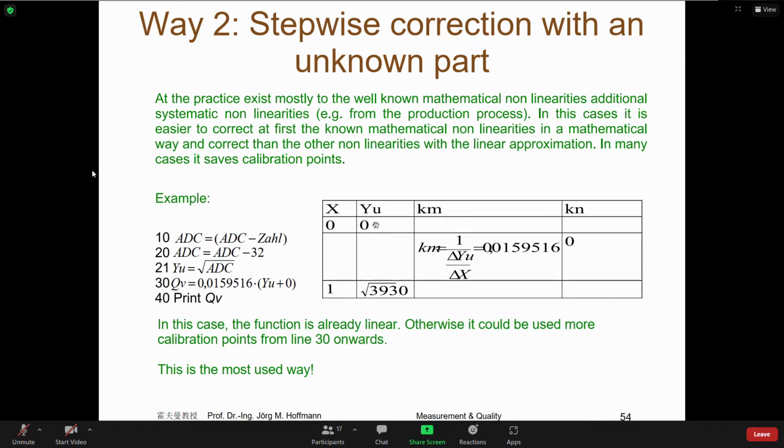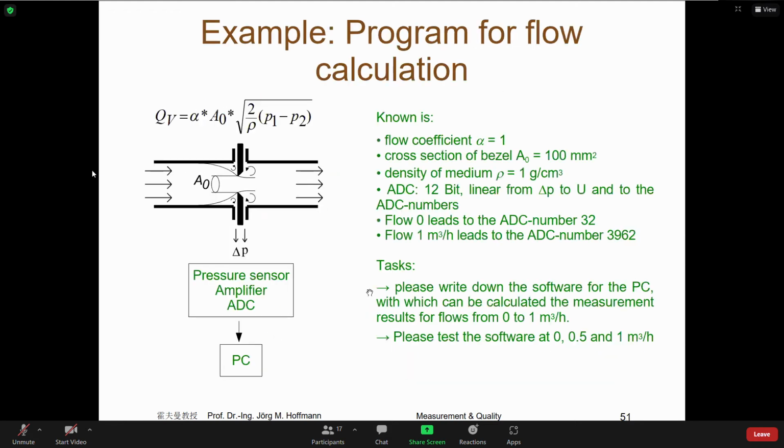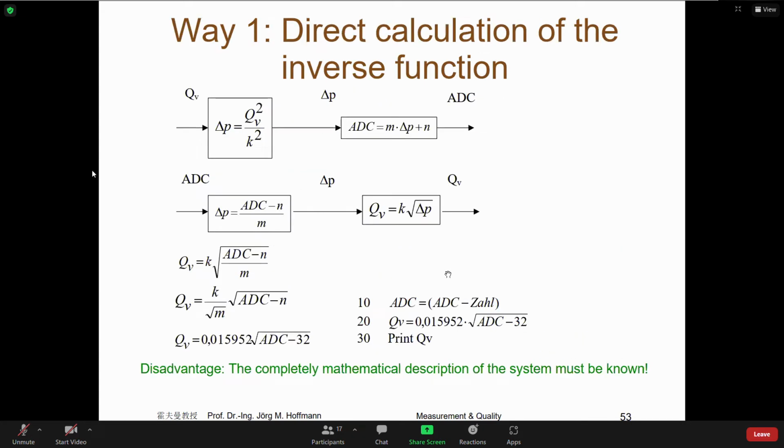That means delta y, and delta y uncorrected is now from 0 to the root of the ADC number, and the ADC number is the ADC number minus 32, and then we take the root. Therefore, this 3930, you see here, the ADC number was 3962 minus 32 is 3930.